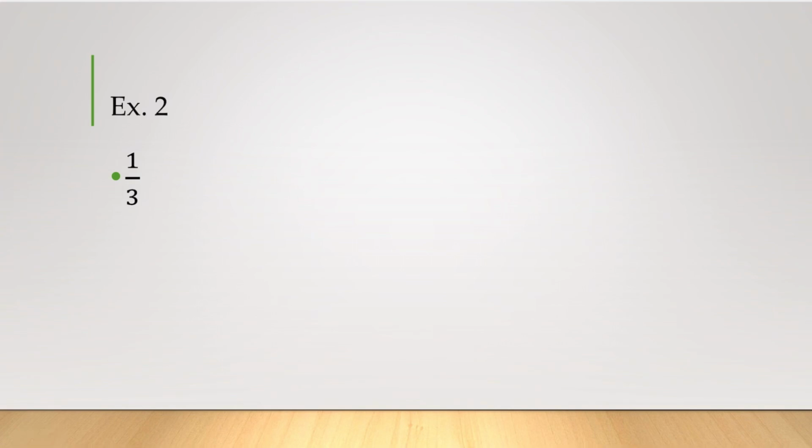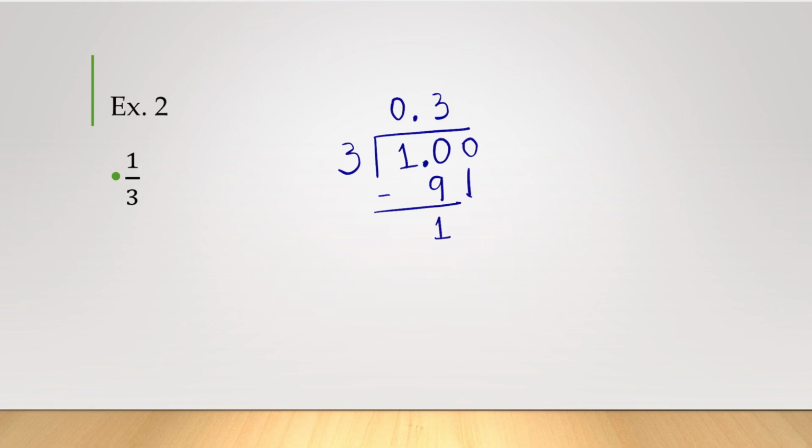So let's do another example, 1 divided by 3. So again, we have the inside, we put the 1, we put the 3. 3 does not go into 1, so I'll put a 0 there, and I'll put my decimal point. 3 goes into 10 3 times, and that is 9. 3 times 3, so then I subtract, and I have a 1. Again, 3 doesn't go into 1, so I bring down a 0.